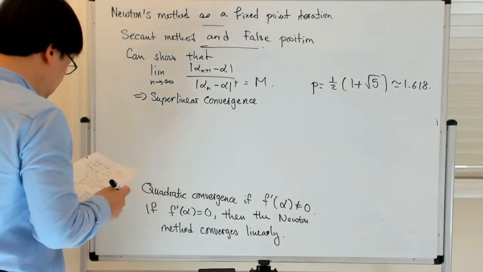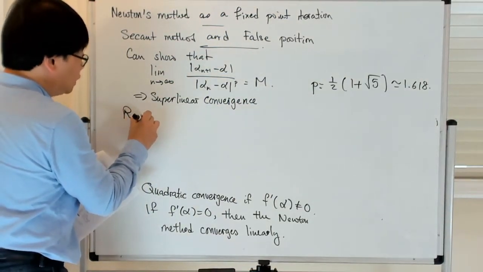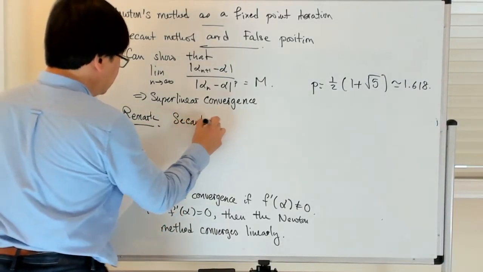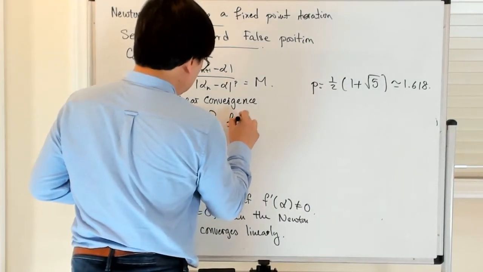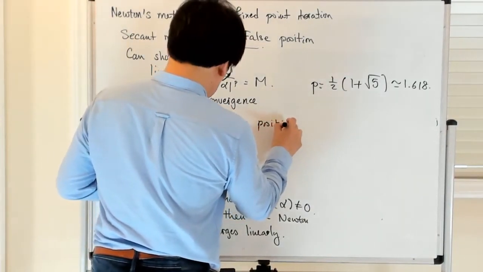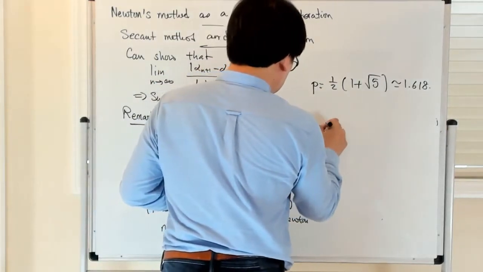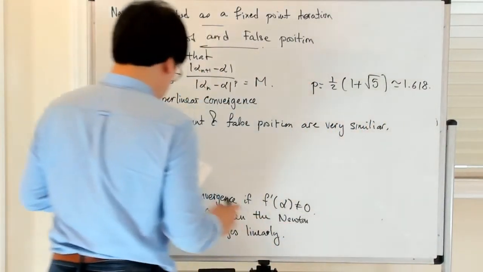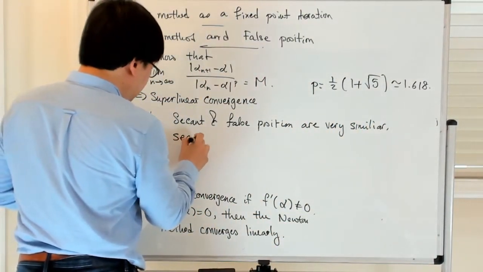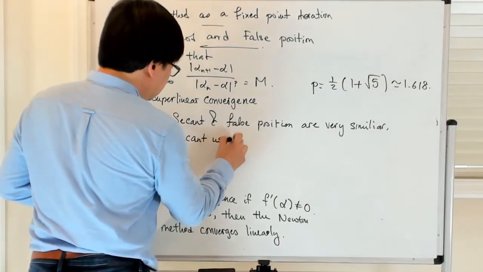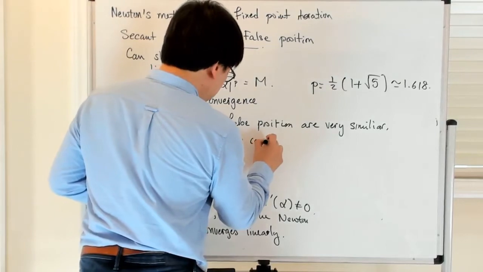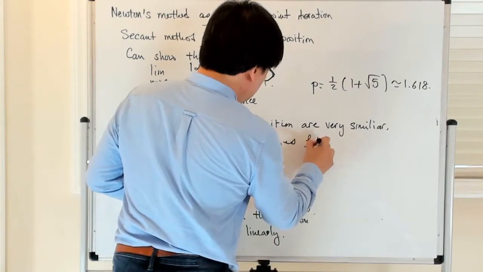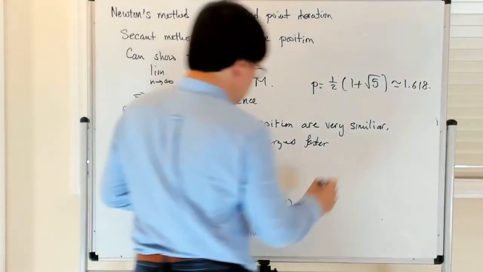I should also remark that the secant method and the method of false position are very similar. The secant method usually converges a bit faster, in the sense that this constant m is smaller.